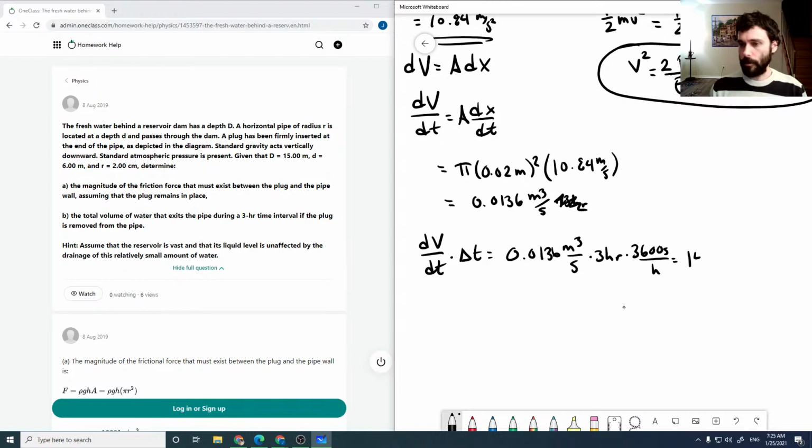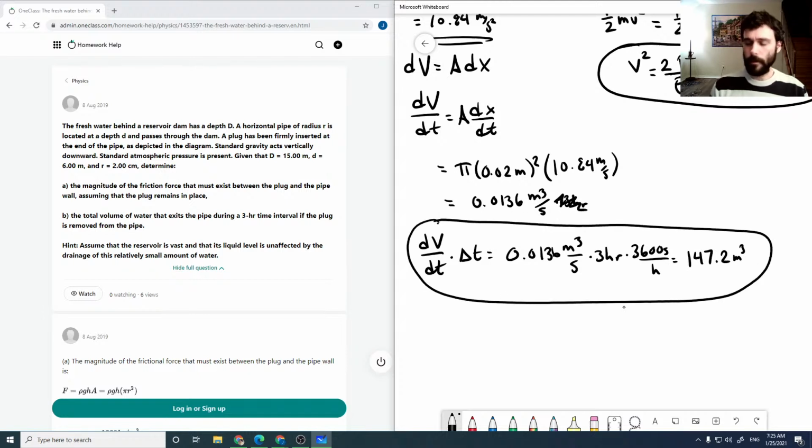And so that comes to 147.2 meters cubed. So our total volume is 147.2 meters cubed over 3 hours.